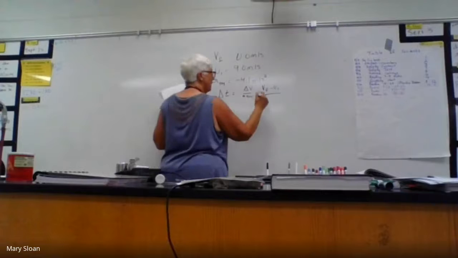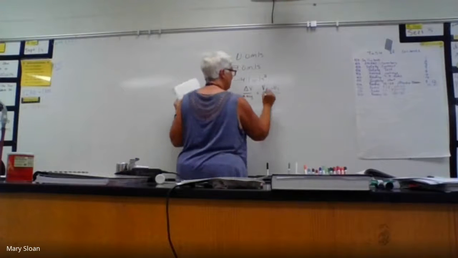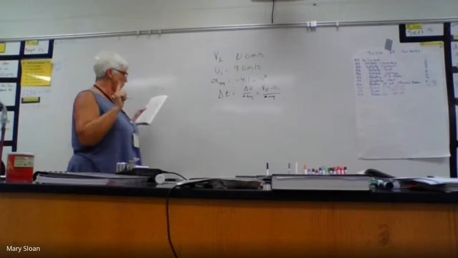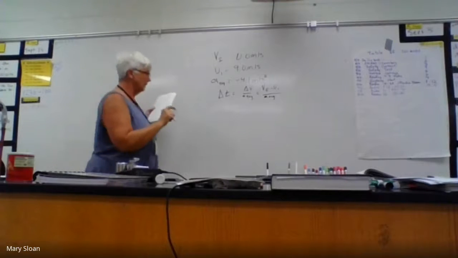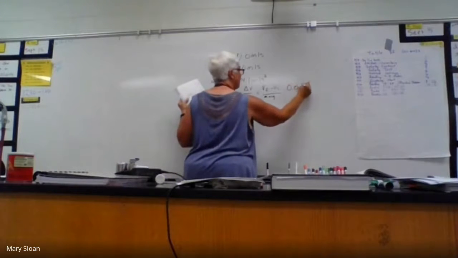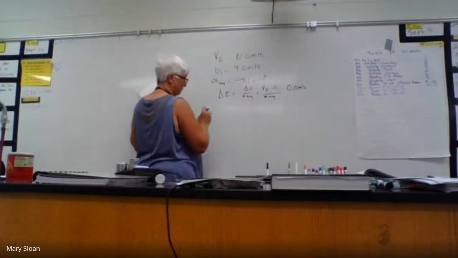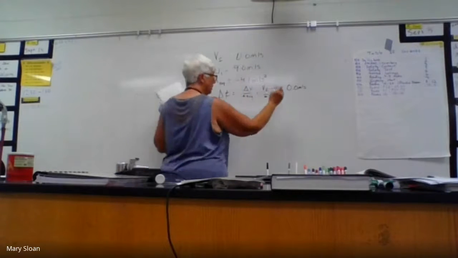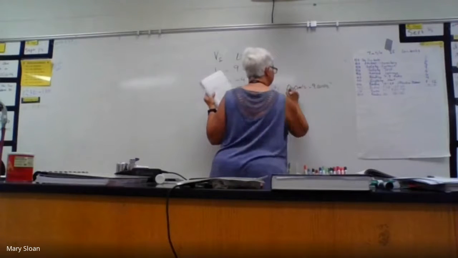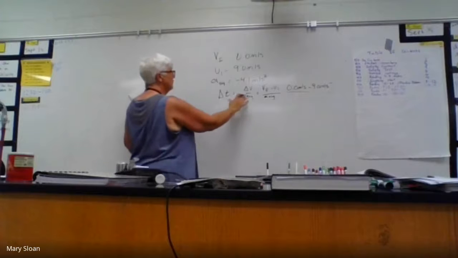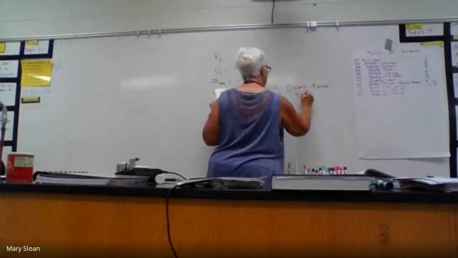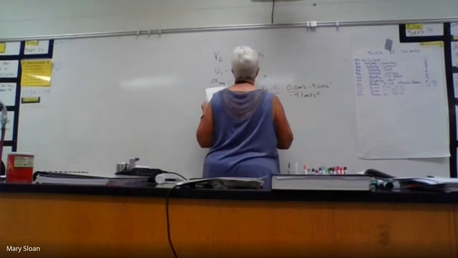So we're going to plug in what we've got. My velocity final is 0.0 meters per second, because that's what it says there. My velocity initial is 9.0 meters per second. And then my average acceleration is negative 4.1 meters per second squared.